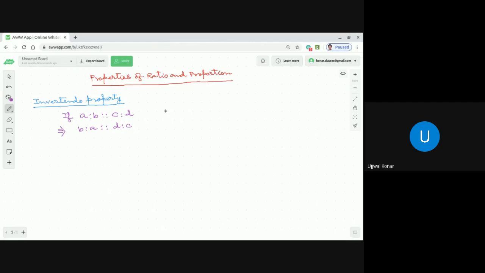So to prove it, this implies A by B is equal to C by D. So that means if A by B is equal to C by D, that implies B by A is equal to D by C. Correct or not? Yes, sir.